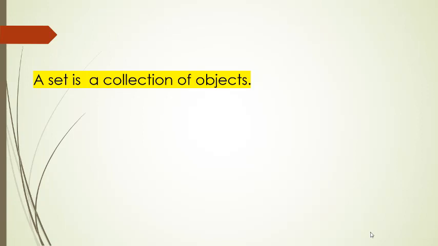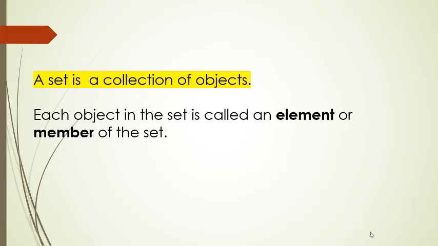That means each one of you is a member of the eighth grade. A set is a collection of objects, or a group of objects. Then each object in the set is called an element or a member of the set.